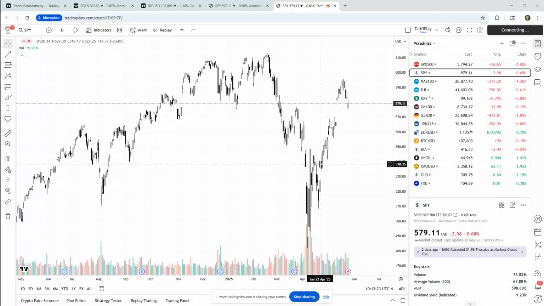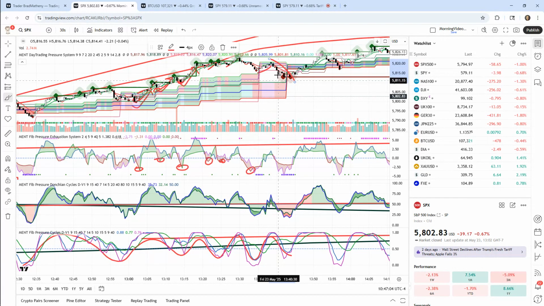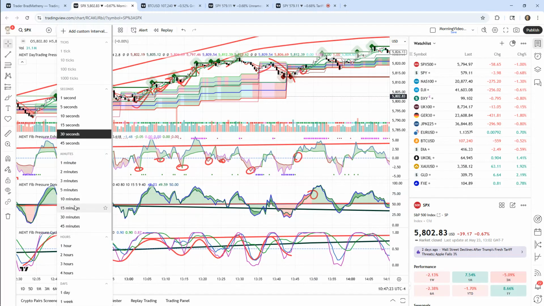You get this potential downward move that stays in a downtrend till right about here on the momentum system and the Donchian cycle trend, because it takes a little while later to roll over here. So again, what I'm trying to show you is that there are ways that you can use Fibonacci.